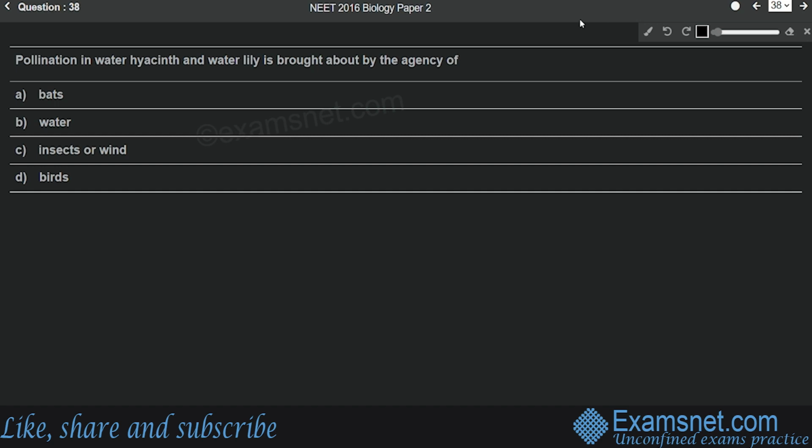Question number 38 is from the chapter Sexual Reproduction in Flowering Plants, and the question is, pollination in water hyacinth and water lily is brought about by the agency of, options are bats, water, insects or wind, and birds. So as the name suggests, water hyacinth and water lily are aquatic plants, that means hydrophytes.